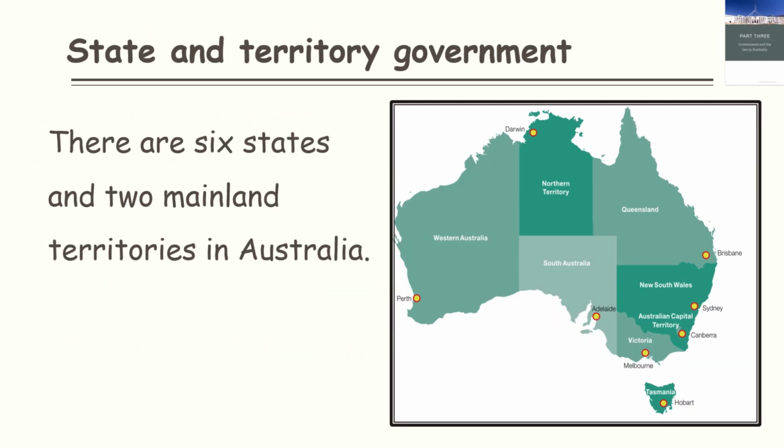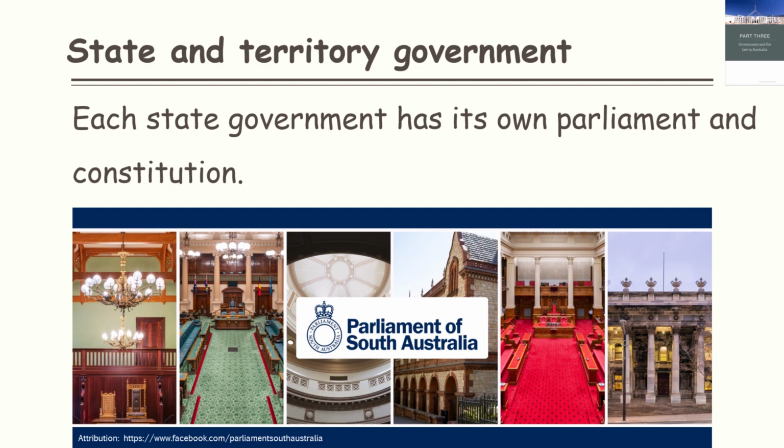There are 6 states and 2 mainland territories in Australia. Each state government has its own parliament and constitution. Remember, a constitution is a book of rules, so a state constitution is a book of laws particular to that state.